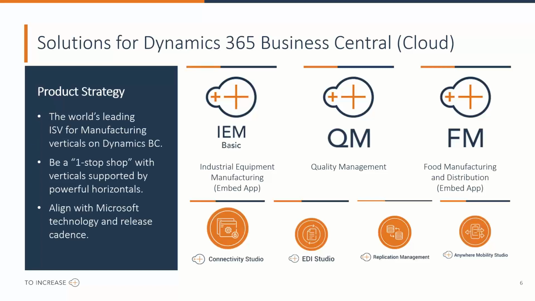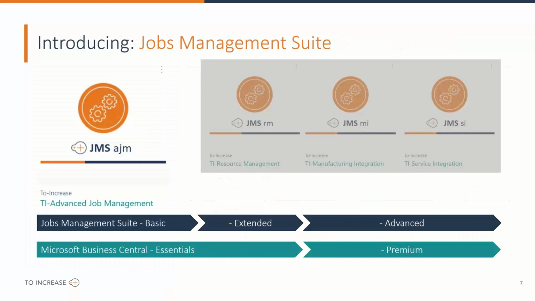That means that they still consist of customized code, and when delivered, we replace the Microsoft base app with either an IEM application or a food application. But that is about to change, specifically for industrial equipment manufacturing.